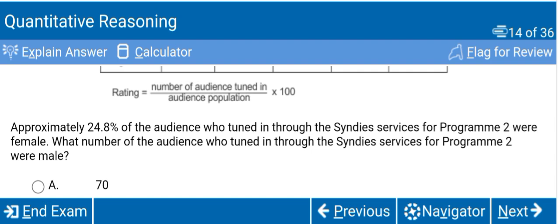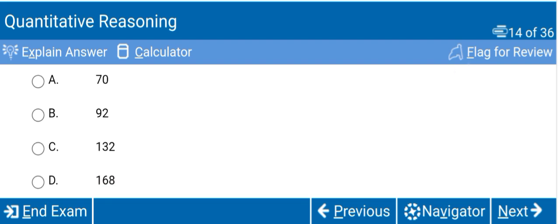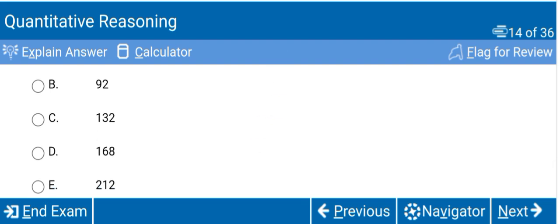So what number of the audience who tuned in through the Sydney's services for program 2 were male? Option A 70, option B 92, option C 132, and option D 168, and option E is 212.